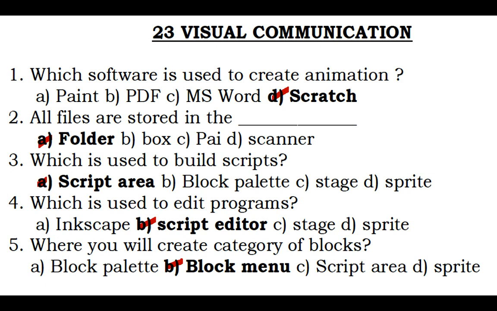Option A, folder. Question number 3. It is used to build scripts. Option A, script area. Question number 4. Which is used to edit programs? Option B, script editor. Question number 5. Where will you create category of blogs? Option B, blog menu.